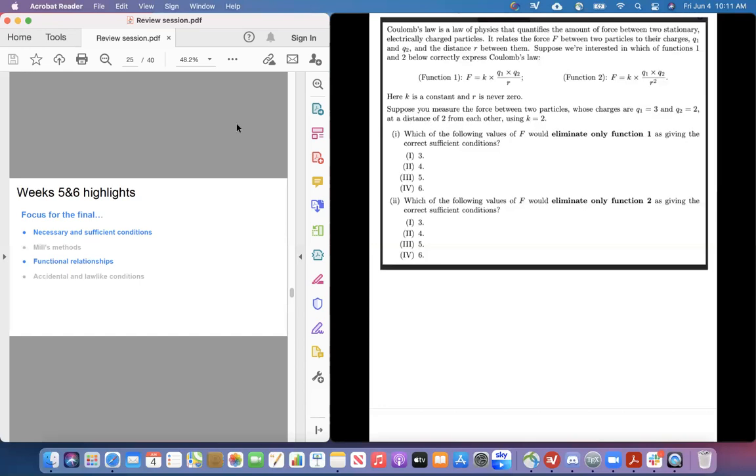And I'm asking which of the following values of F eliminates only function 1. This whole thing is key: eliminates only function 1, as given the correct sufficient conditions. And similarly, which of the values of F eliminates only function 2. So the way you do this, first you identify the sufficient conditions, and I do want to say something about this.